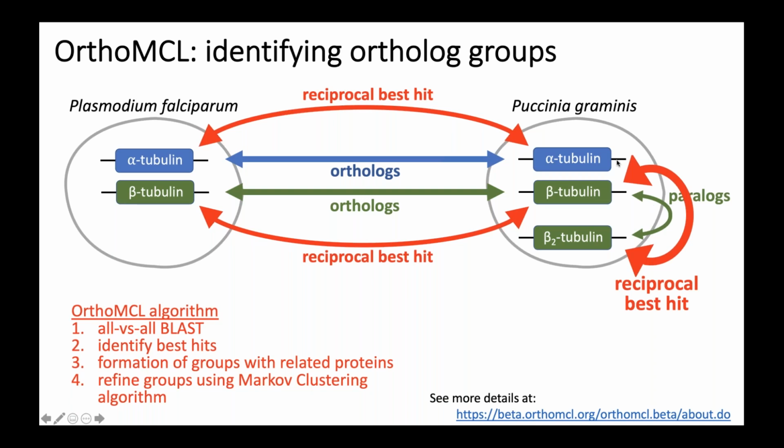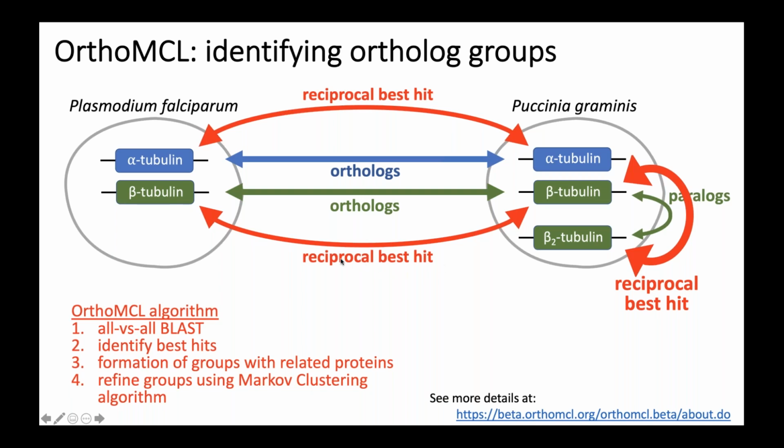Then we get into paralogs, and this gets a little bit trickier. It's really difficult to identify paralogs. The way this algorithm does it is, if you take beta tubulin and BLAST it against all the proteins in Plasmodium, you would get beta tubulin.